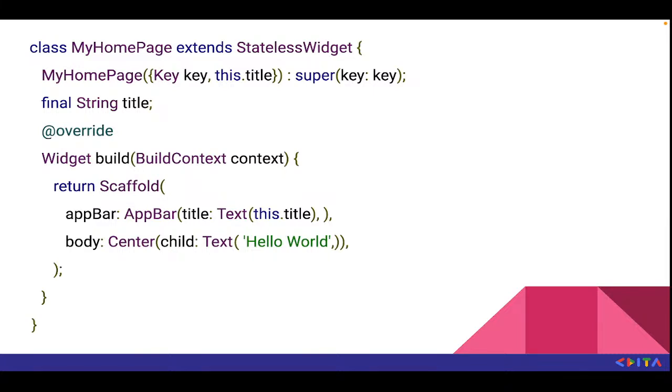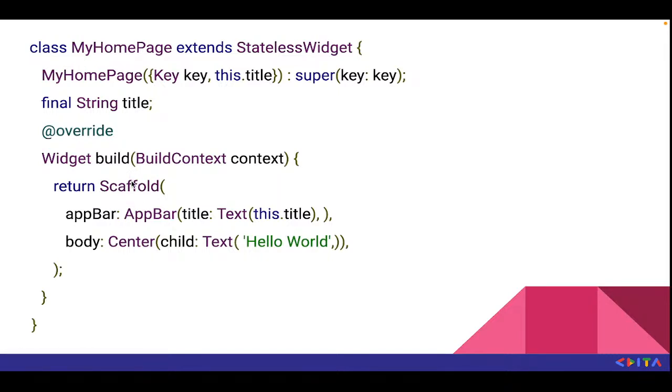So here we have a little piece of code. That's how you would normally define a class. In this little piece of code, we are defining MyHomePage, which extends the StatelessWidget. So we're not caring about the state here. And here you see that it returns a Scaffold.